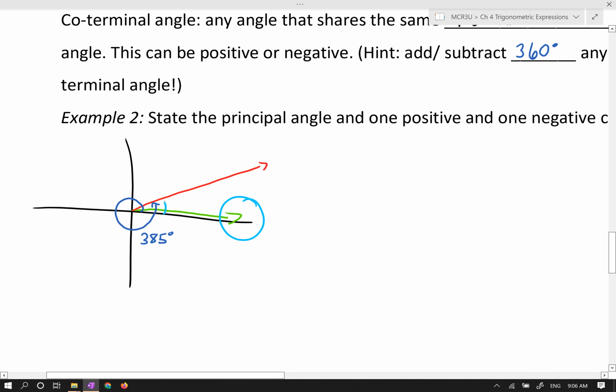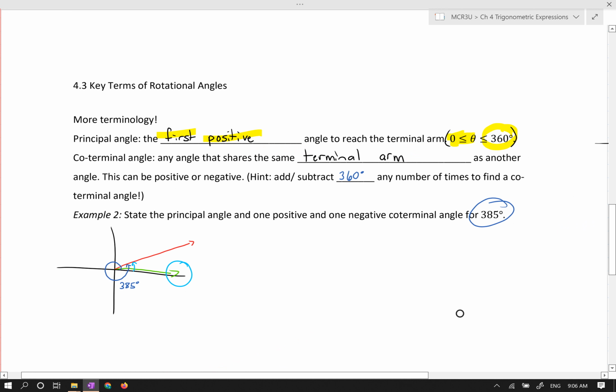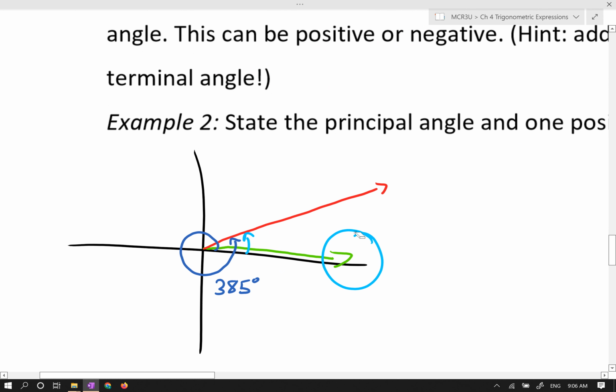So in this case, it's a very short principal angle. How short is this principal angle? Well, again, the difference is 360 degrees from this 385. So if I work here, 385 minus 360 degrees, and, oops, did I say 15 before? I meant 25. So this is a 25-degree principal angle.